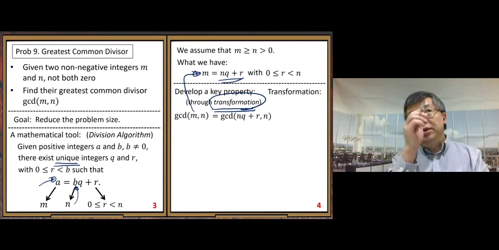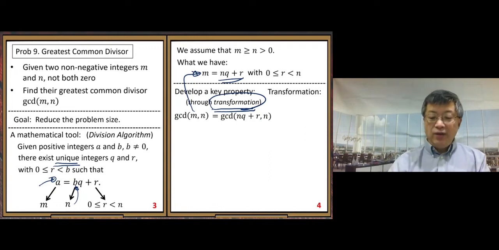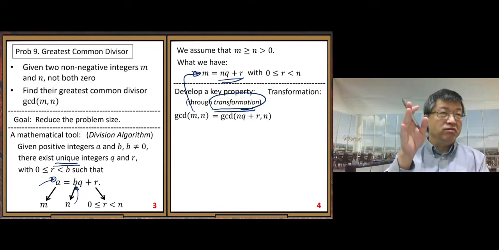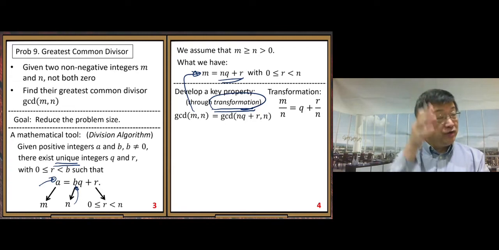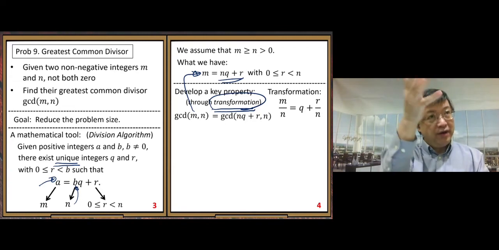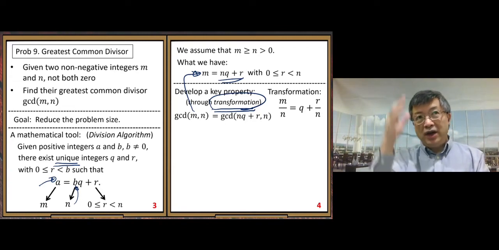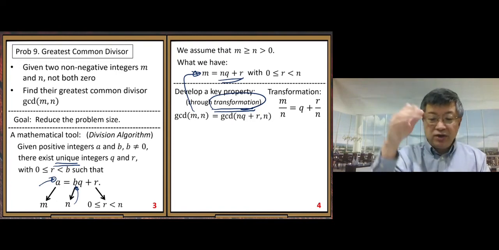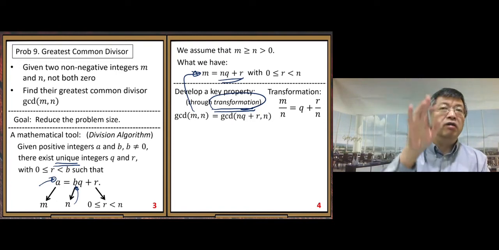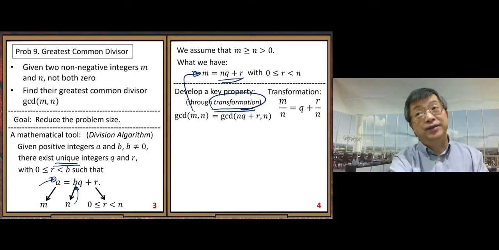But when we do simplification, we look at this transformation. Division transformation. M over n, division, the fraction way. We can get the quotient, the integer part, q, plus the fraction part, r over n. How about that? So that's the transform we have.